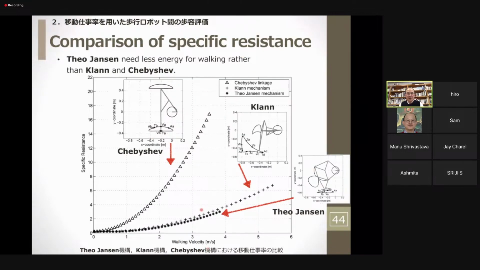Similarly, Gentaro Tanga did the Chebyshev mechanism, okay. And similarly, it exhibited power consumption in the form of the specific resistance at the beginning. But if the speed of the motion increases, Chebyshev takes more energy. Then the Klann mechanism a bit more, but the Theo Jansen mechanism, okay, keeps less power, even at high speed.